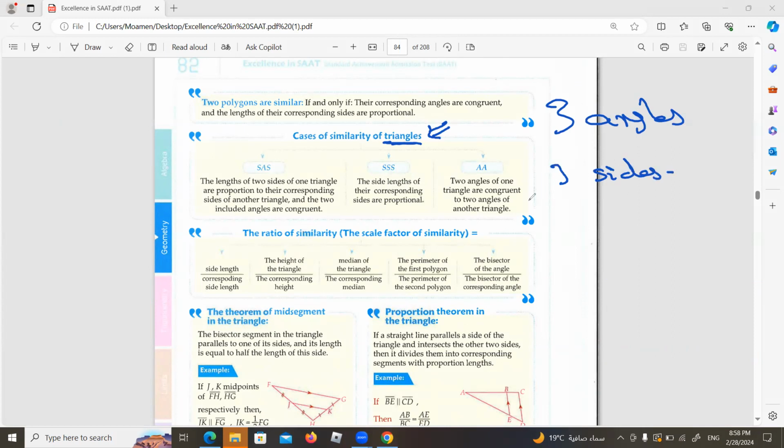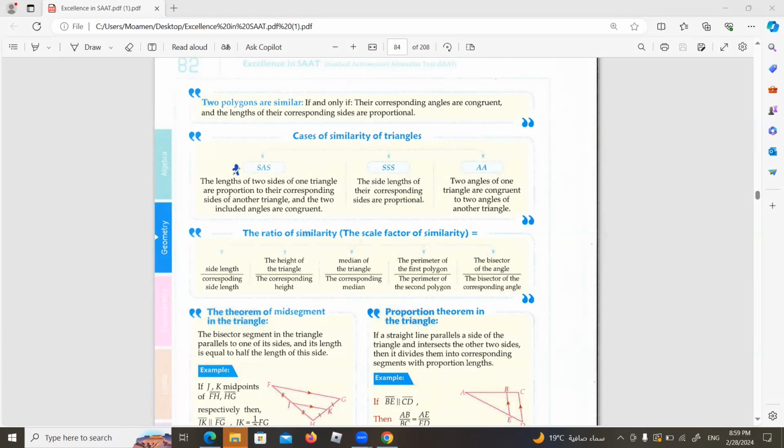Mister, must I know that the three angles are equal to their corresponding angles and the 3 sides are proportional to the corresponding 3 sides? No. We only need certain cases, so there's no need to complete all 6 elements. We have cases.